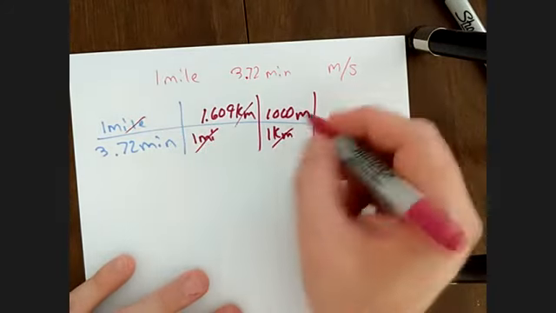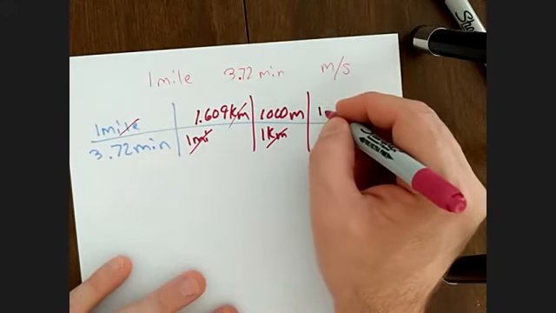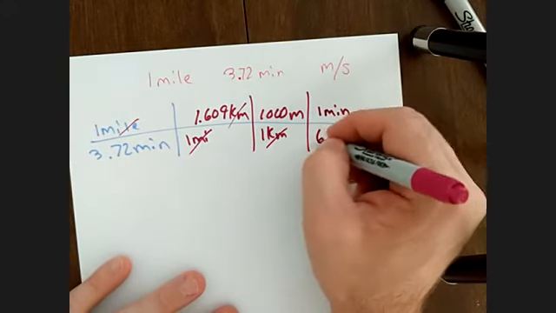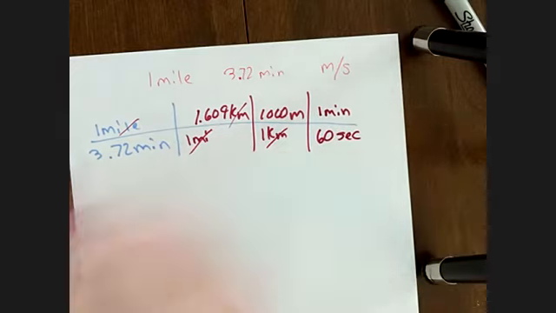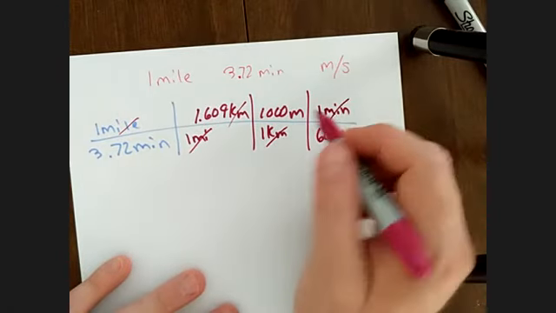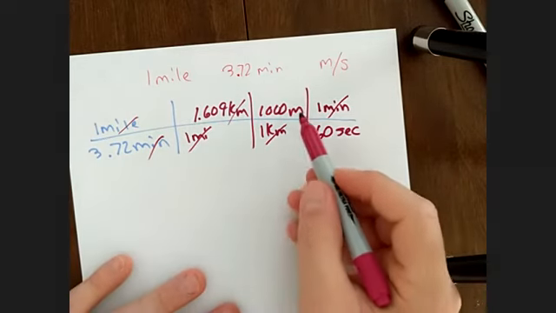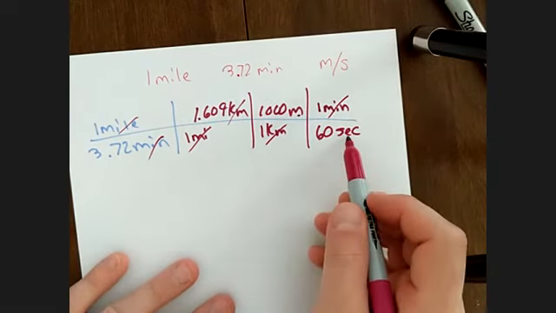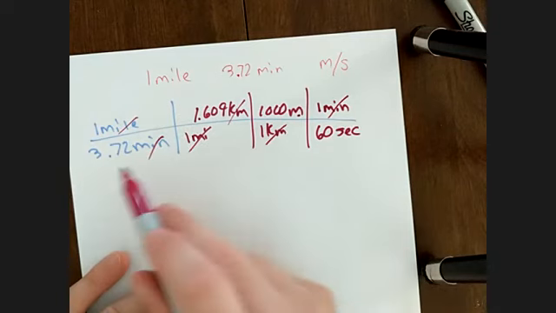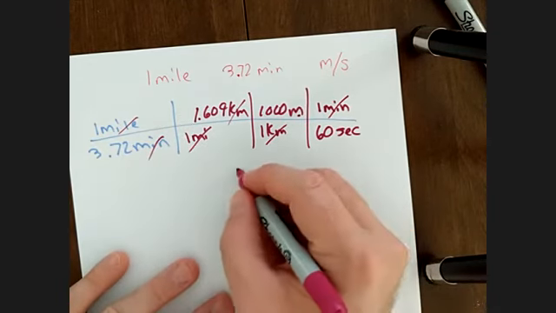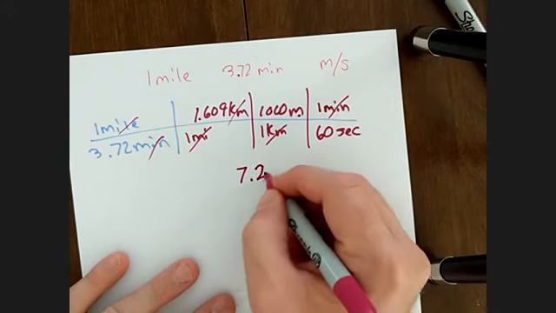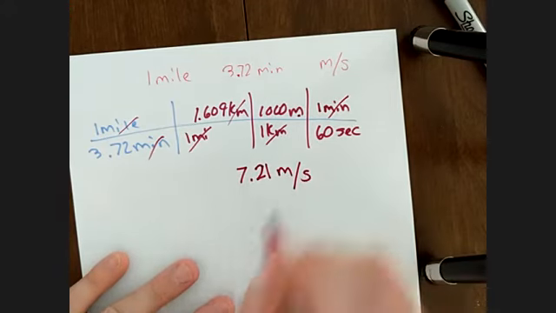And then lastly, in 1 minute, there are 60 seconds. It doesn't matter which order you do these in, but what it leaves me with is meters per second. If we multiply all the numbers on the top, divide by all the numbers on the bottom, we get 7.21 meters per second.